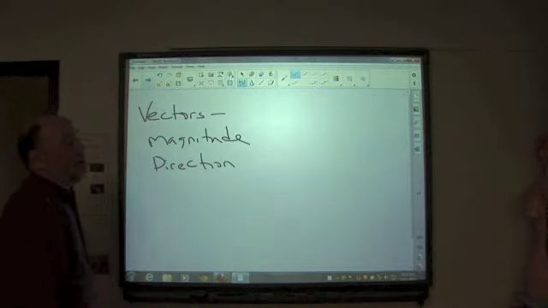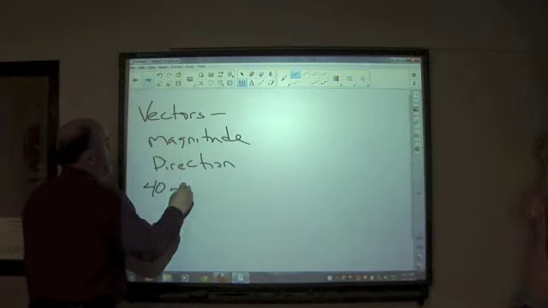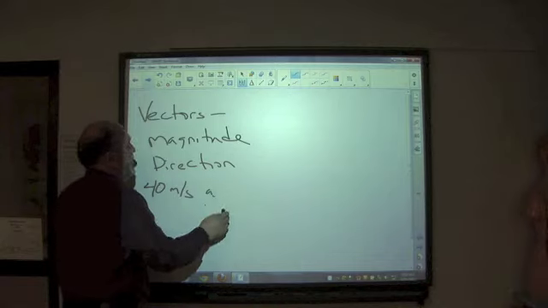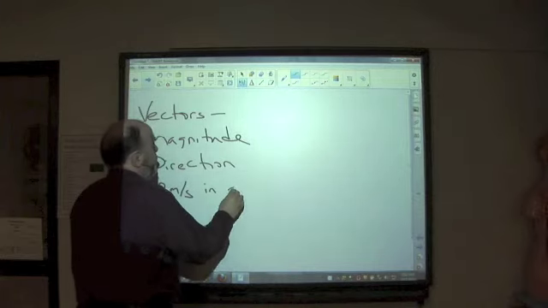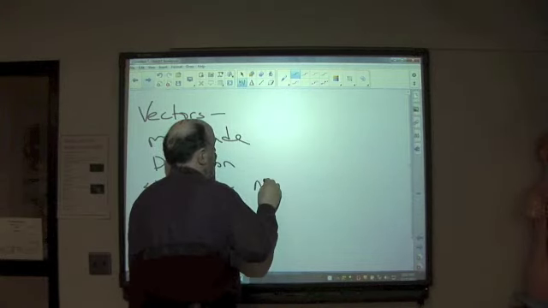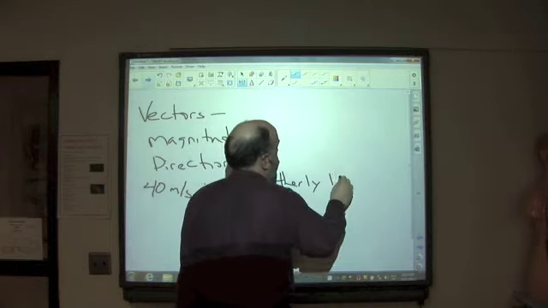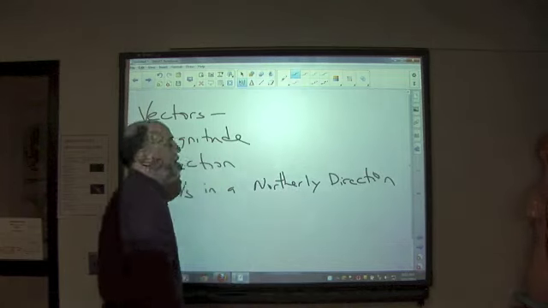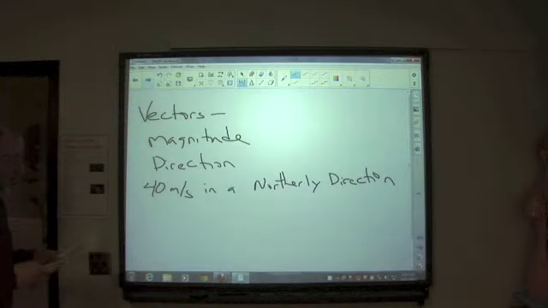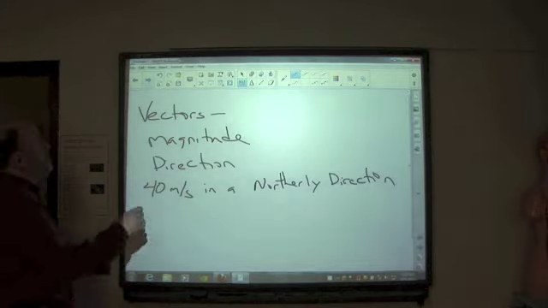An example of a vector would be something traveling at 40 meters per second in a northerly direction. So it's a vector: it has magnitude and direction. Today we'll be talking about things going off at angles other than just straight in the x or straight in the y.